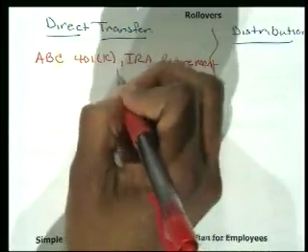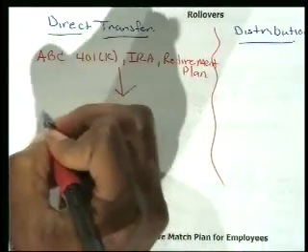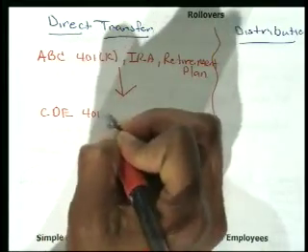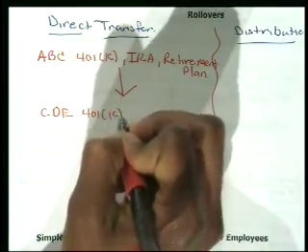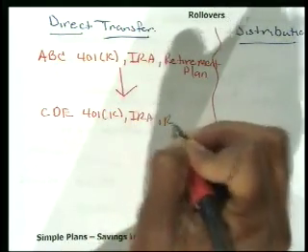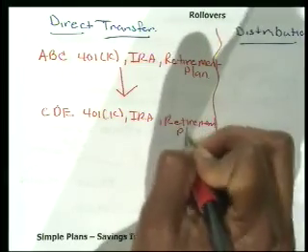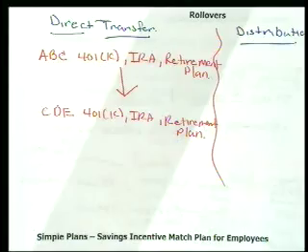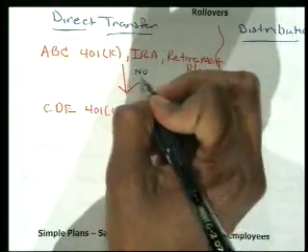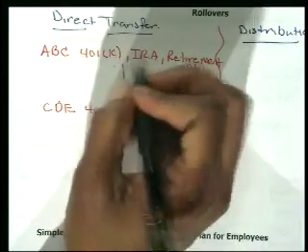And so then what I do is directly have it placed into a CDE 401k, IRA, or some type of retirement plan. If I do it this way, there's no penalty, and there's no tax.